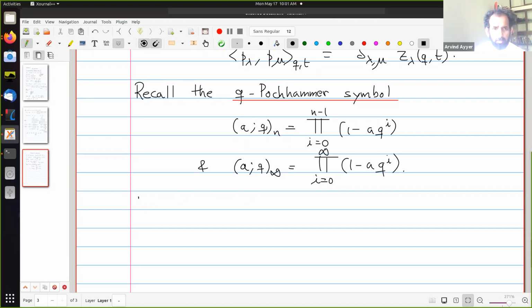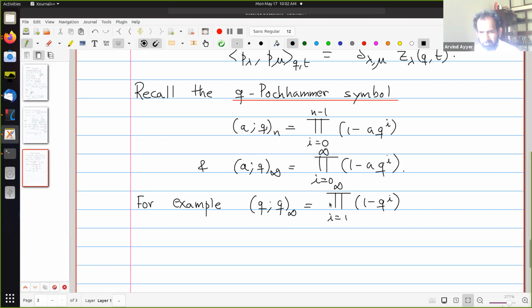For example, (q; q) infinity is the Euler product, the product i equals 1 to infinity of 1 minus q to the i. And this is, up to some factor of q to the 1/24, also the eta function in number theory.